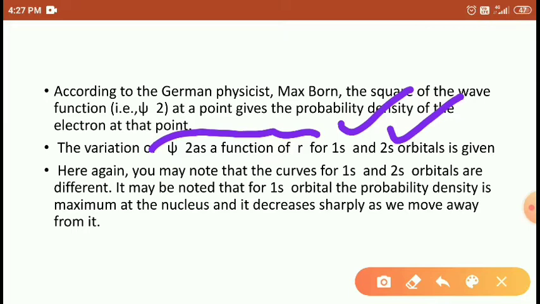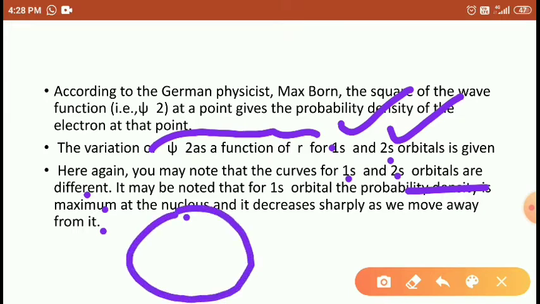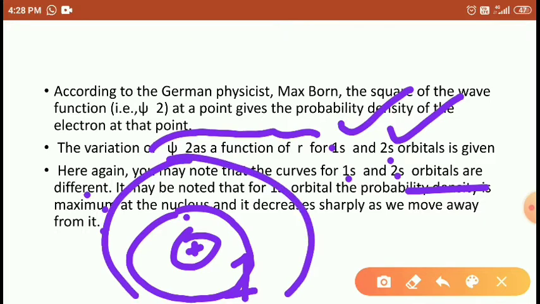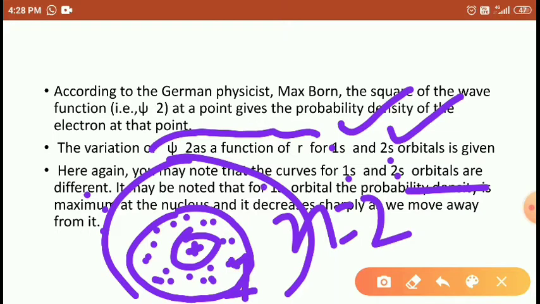Right, students? When he plotted the graph for the 1s and 2s orbitals, it may be noted that for the 1s orbital, the probability of electron density is maximum at the nucleus and decreases sharply as we move away from it. 1s means n is equal to 1, and the next is n is equal to 2, the second energy level. In the first energy level, the electron density is high near the nucleus compared to the second energy level, because it is closer to the nucleus.